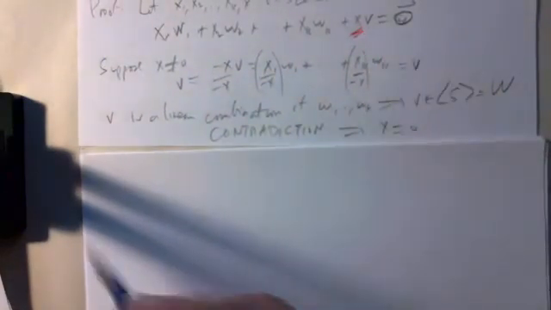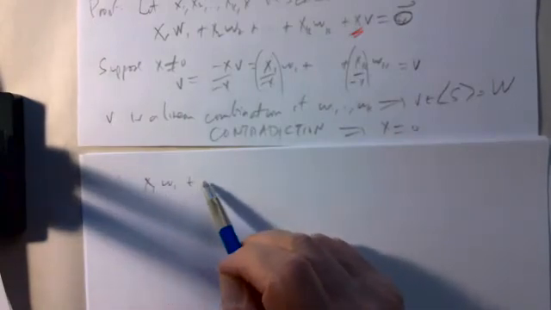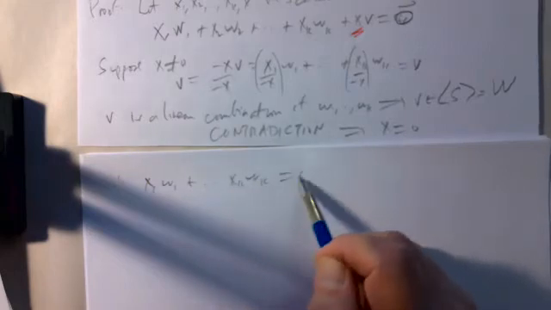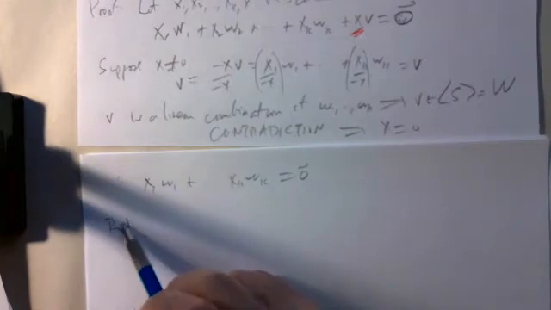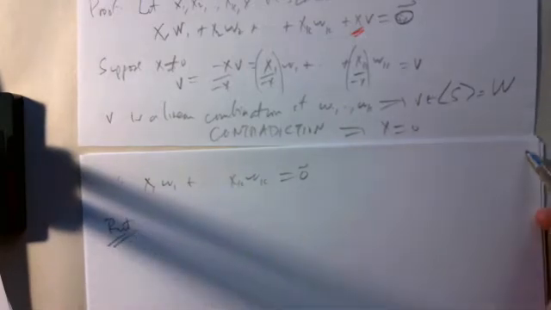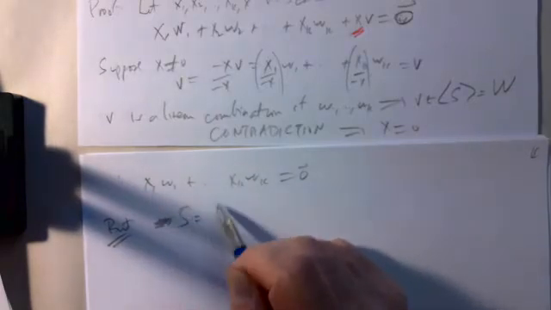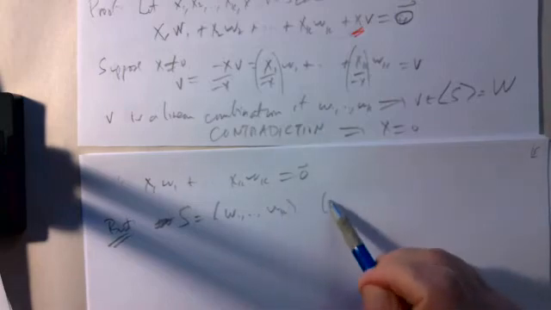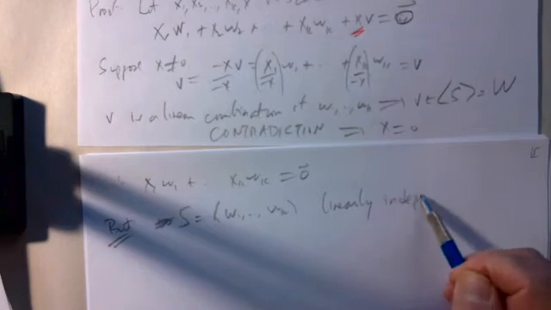If this X is 0, then X1, W1 up to XK, WK equals the 0 vector. But we know that the set S consisting of these K vectors is linearly independent.